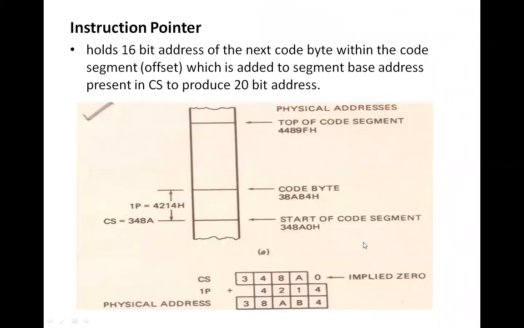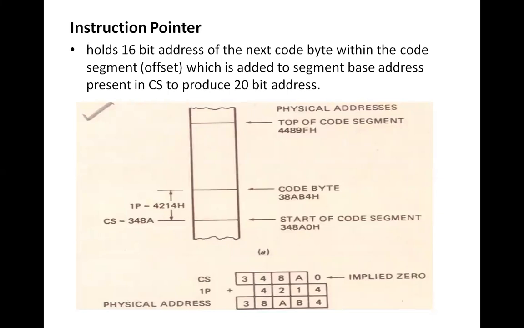So normally this is done with the help of the instruction pointer, which points to the address of the next instruction to be executed. And how it is done: as in the case of the 8085 microprocessor, whenever a particular memory location whose address is given by the program counter is fetched and executed, automatically the program counter is incremented by 1.